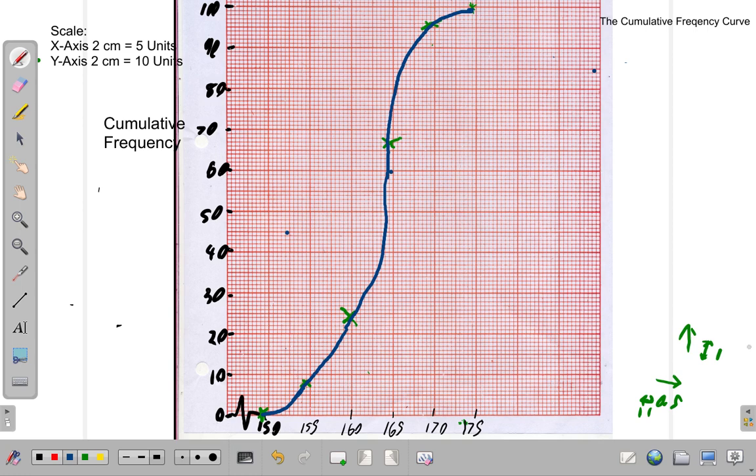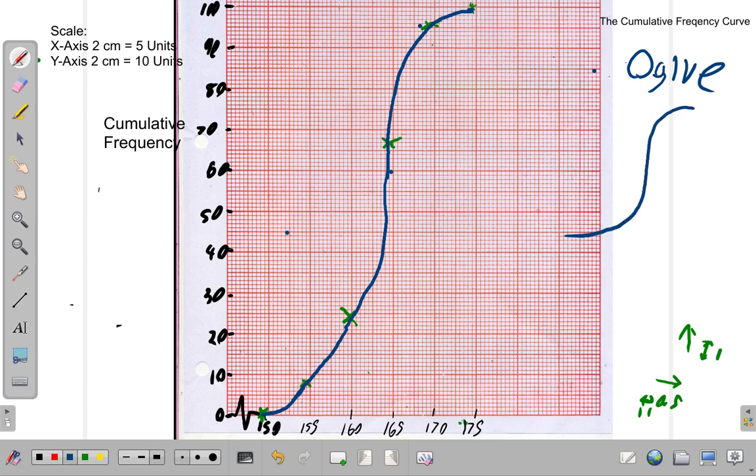But you have what is called a cumulative frequency curve. Sometimes it's referred to as an ogive, due to the architectural shape of the curve.